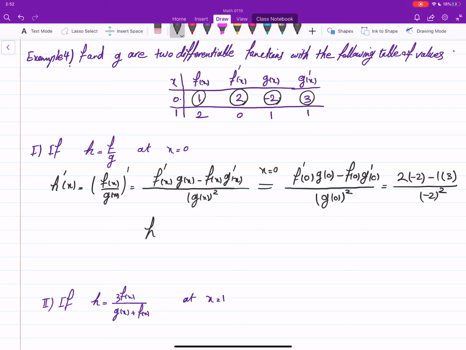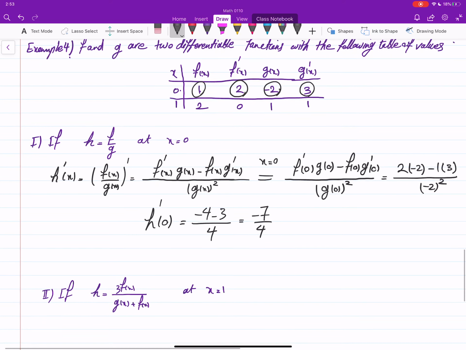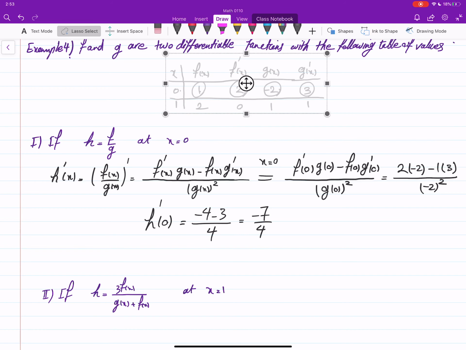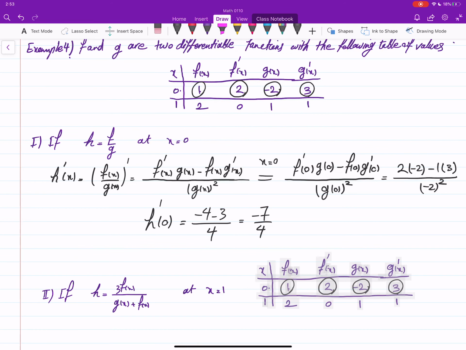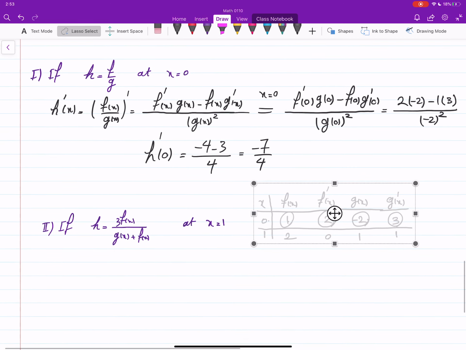So what we found is h prime at 0 is negative 4 minus 3 over 4, which is negative 7 over 4. We didn't know what the functions were. We only knew the rules, and we applied the rules and then used them to find the value of the derivative.